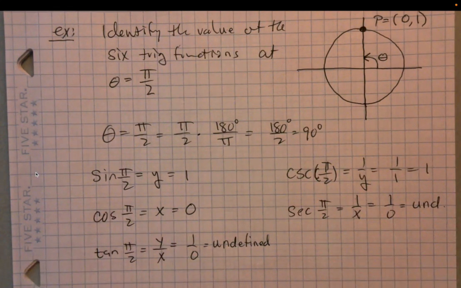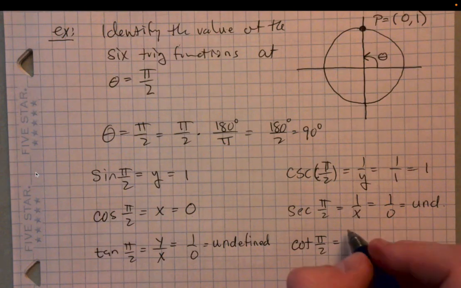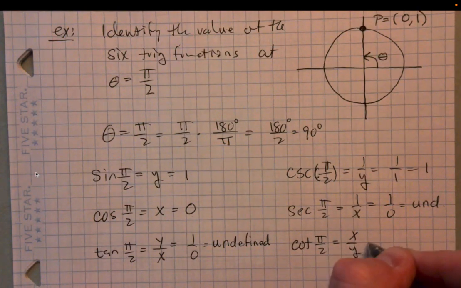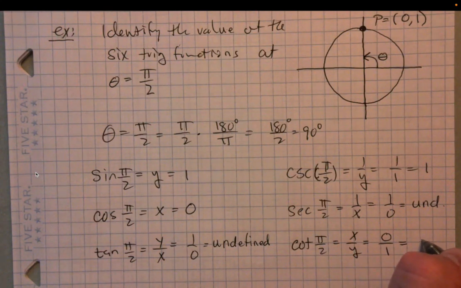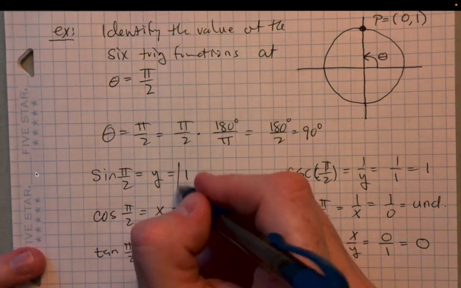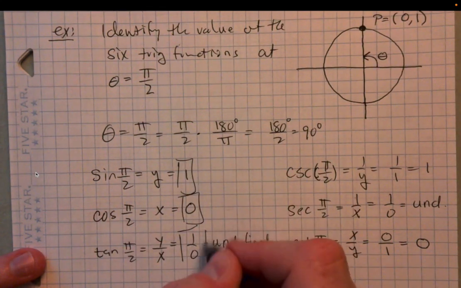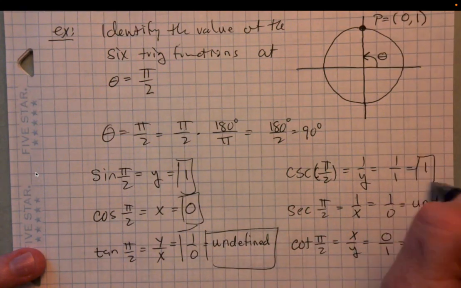You can't divide by 0, that's all that's happening there. And the cotangent of pi over 2 is equal to x over y, which would be 0 over 1, so the cotangent is equal to 0. You can divide 0, but you can't divide by 0. Just make sure that you keep that straight. So now we know the 6 trig functions at pi over 2.